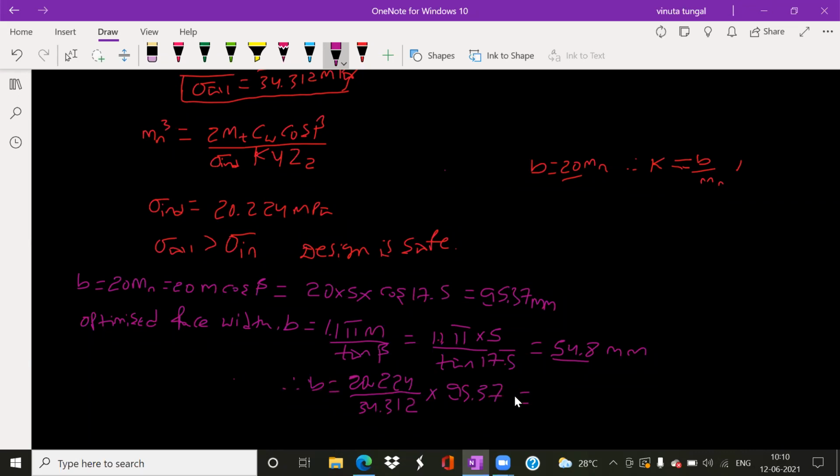From this, you are going to get the B value. How much is the B value? 56.2.